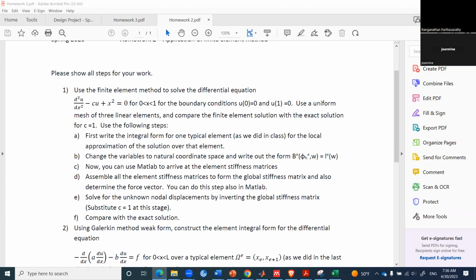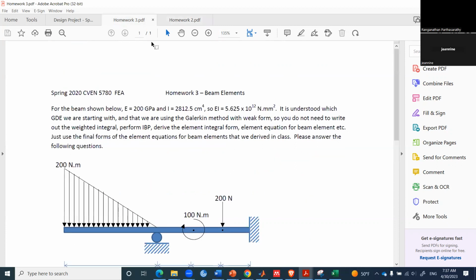So, homework 2, problem, please. I just sent it to you and copied everyone else. You had to also do this, but let's see this one first.